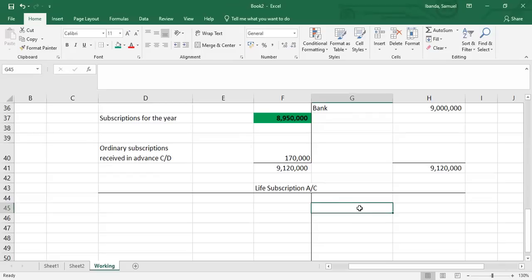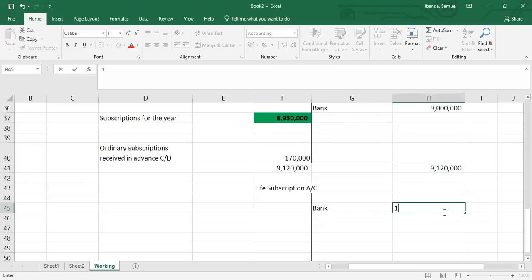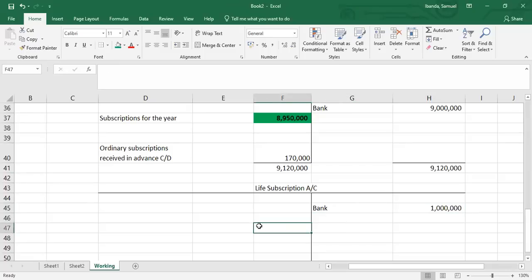So this, you can call it receipts and payments, or cash and bank, or bank. This is 1 million. Remember, it's a liability. That is why we credit it. Now we are saying that every year we should debit a portion that is to be recognized in your income and expenditure account.